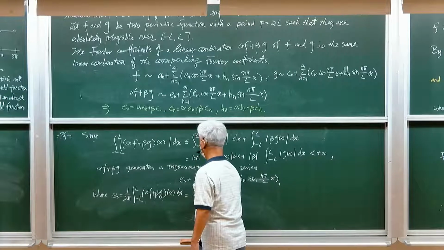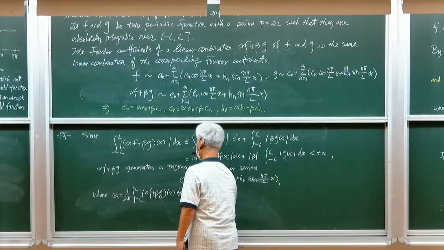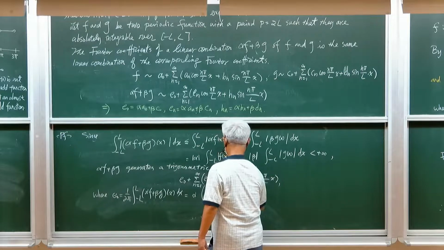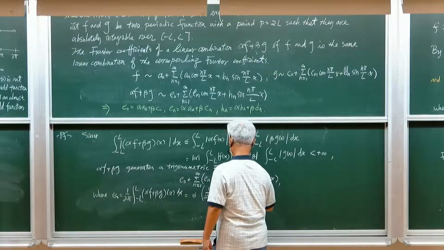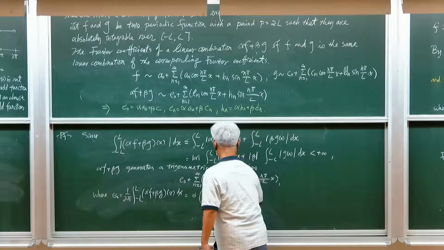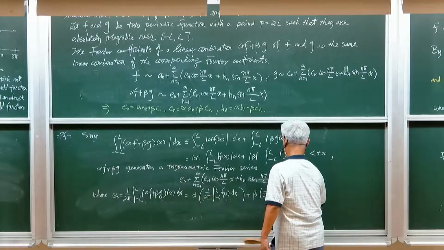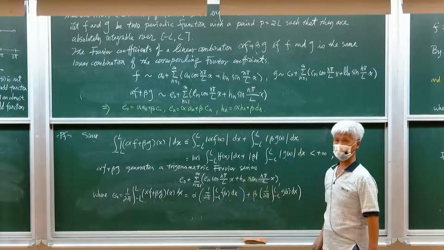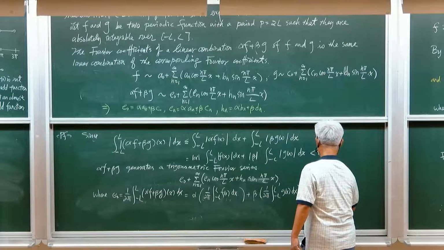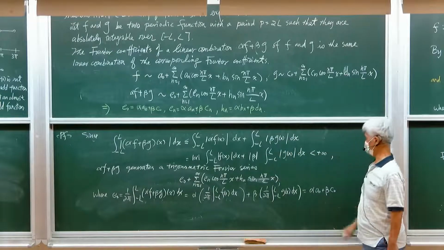And by bilinearity of the definite integral, we know this is alpha times A0 and beta times C0.